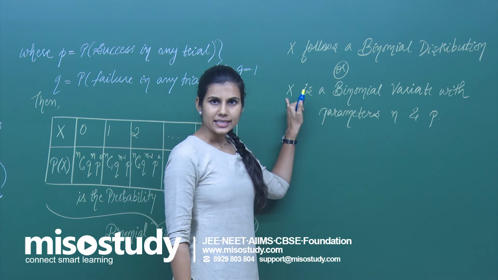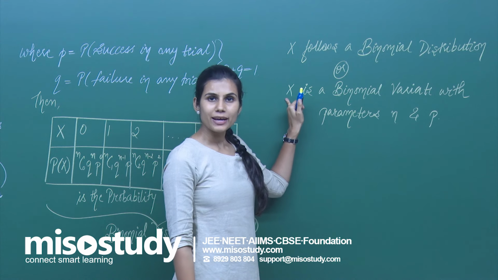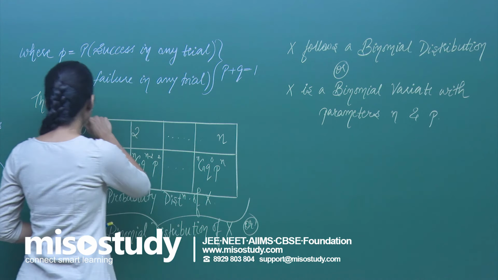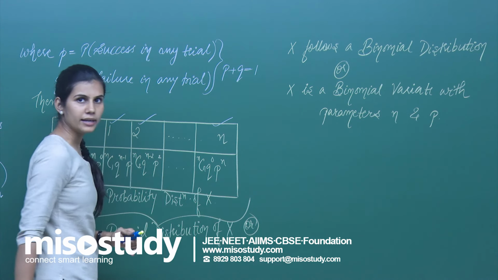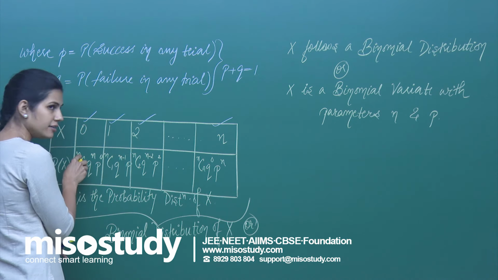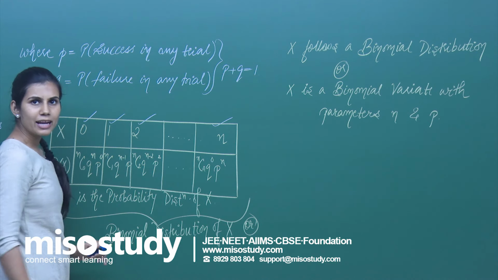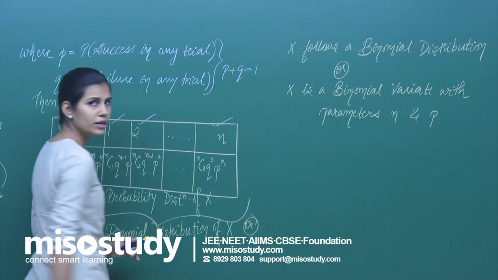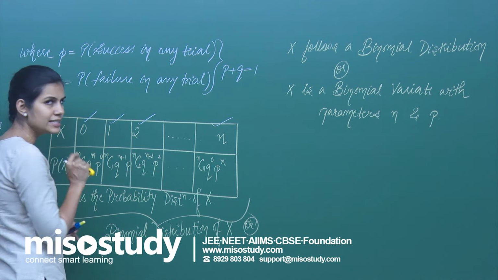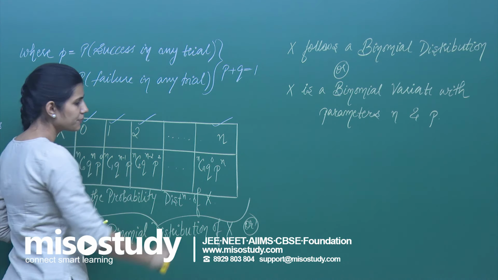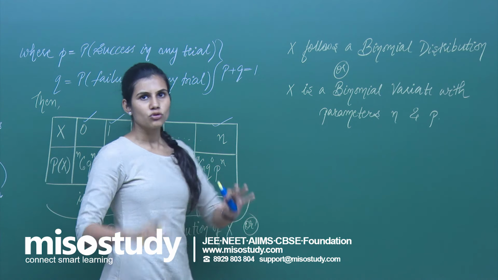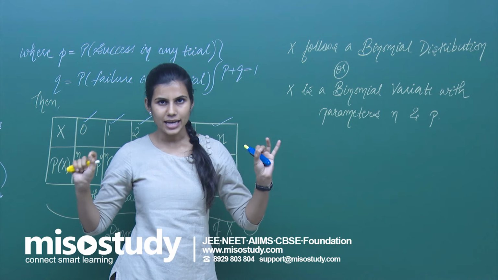If you know capital X is a binomial variate, in order to get its binomial distribution, you already know that if there are n Bernoulli trials being performed, then you can write these values from 0 to n. In order to compute these probabilities, what you need is the value of n and the value of p. You don't need the value of q because q is 1 minus p only. So if you know p, you already know q. So you know p, q and n, and with these three values, you can compute all the probabilities and hence get this complete binomial distribution. So what all do you need actually to write the binomial distribution of a binomial variate capital X?